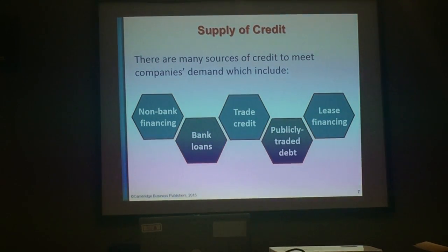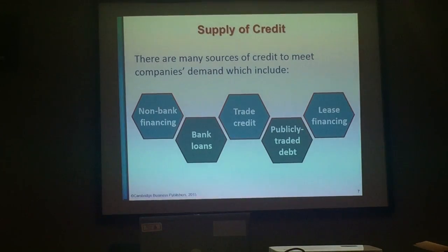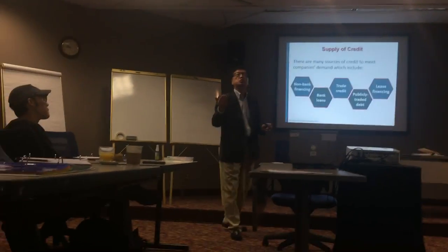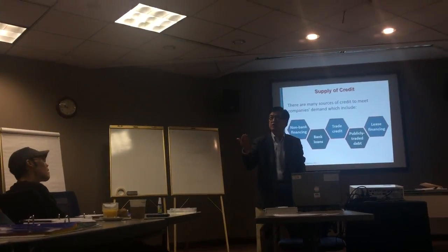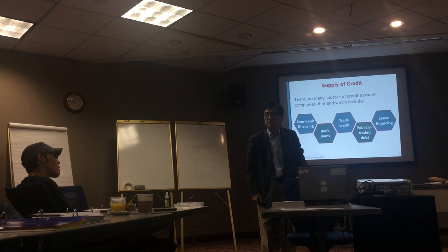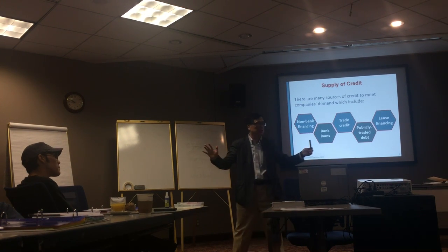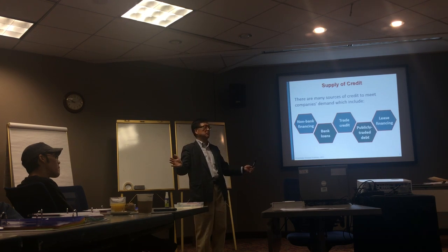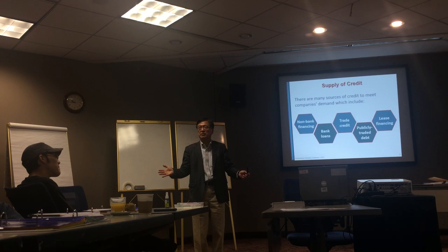See, public debt is this: you are borrowing money from the general public. That's the public debt. Who can borrow money from the public? Those who have a good credit rating. Otherwise, Goldman Sachs will say, oh, I'm not going to underwrite your debt because you have junk grade, speculative grade.